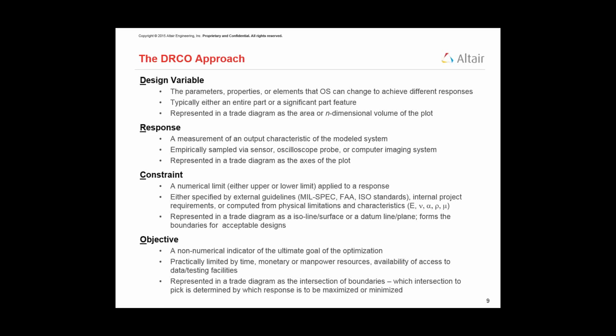Then you establish your responses. What are the pieces of information that are important to us from the analysis? Volume, stress, displacement. And the reason we pull those responses and the reason why they're important is because all but one of them will set a constraint. We'll say you can't go beyond this.